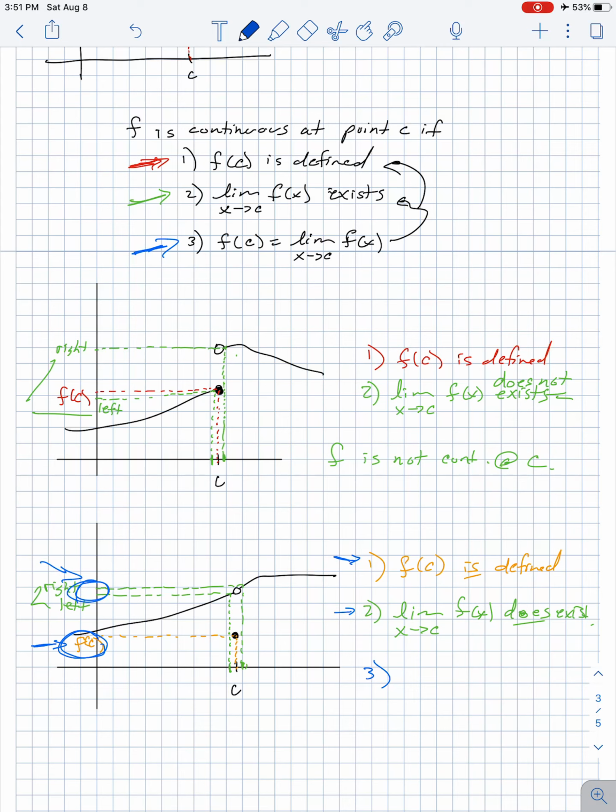They are not equal. So what the third step is eliminating is a hole that got shifted somewhere. Okay, so we would say that f of c does not equal the limit as x goes to c of f of x. And so f is not continuous at c.